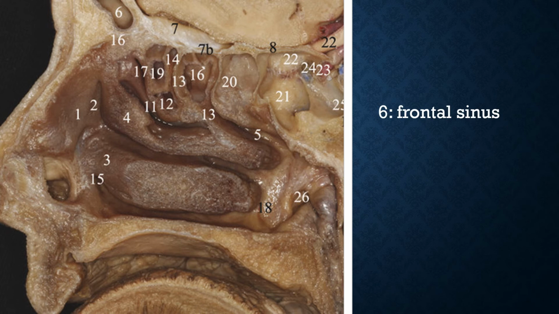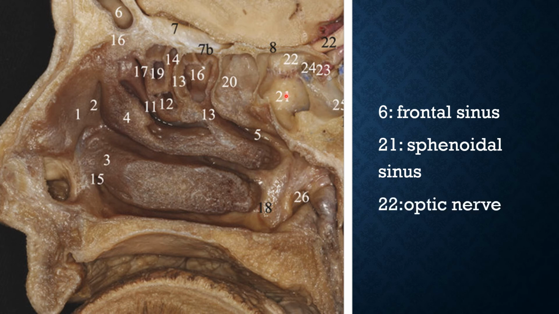Here is just a cadaver, another coronal cross section here. I just want to focus on three structures here. If you would draw your attention to number 6 here, this is the frontal sinus, which I'll get into in another slide. The sphenoidal sinus is number 21, which is located right here.